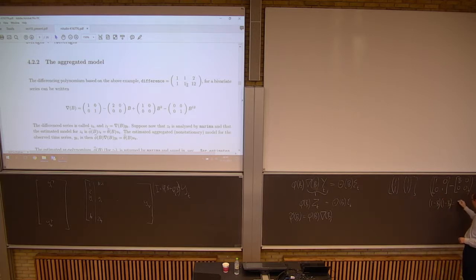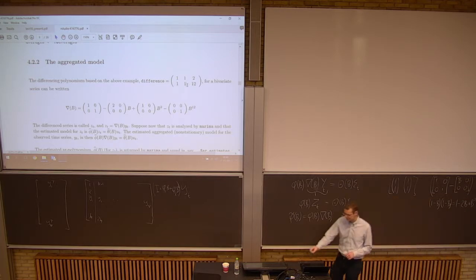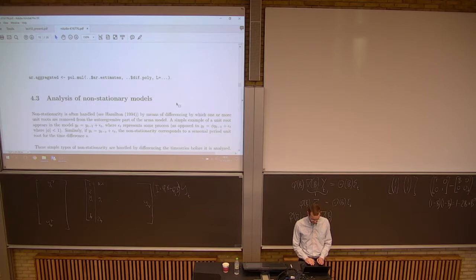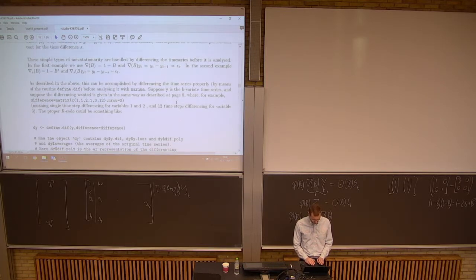And this gives you a 1, and then I do the math wrong here, minus 2B plus B squared. But by writing it as differencing twice, I get this as a result. So this is again doing the differencing.